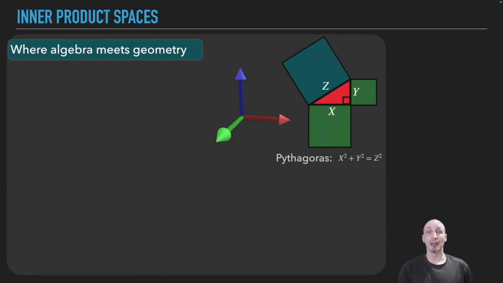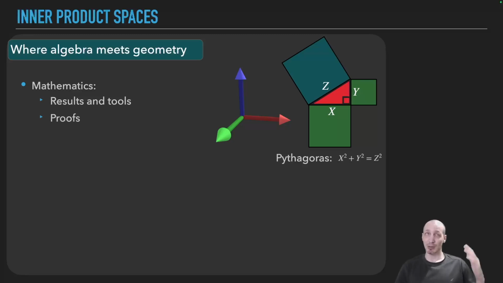Great. So this is going to be a mathematical course. First of all, we're going to talk about results and tools, because again, we want to use these results and tools in order to apply them in other places. The second thing is, of course, we're going to talk about proofs. If you're studying mathematics, I plan to give all the proofs needed in this sort of course.